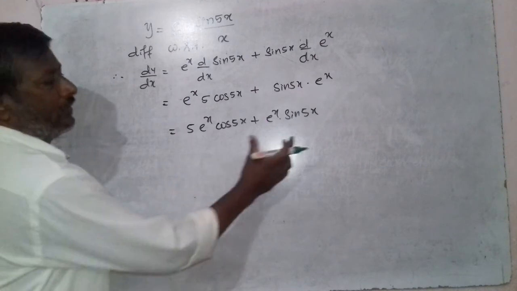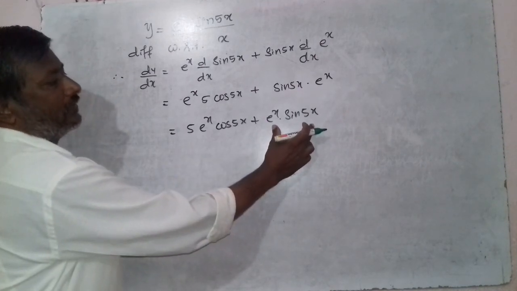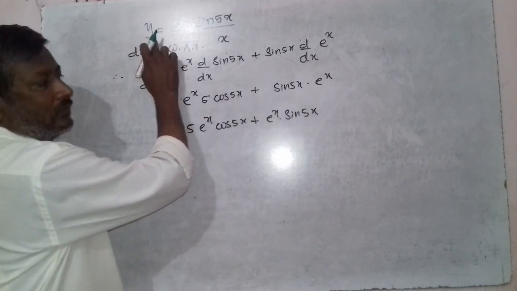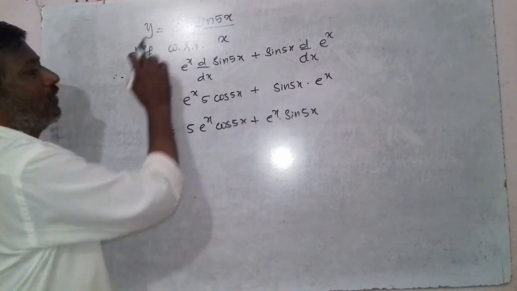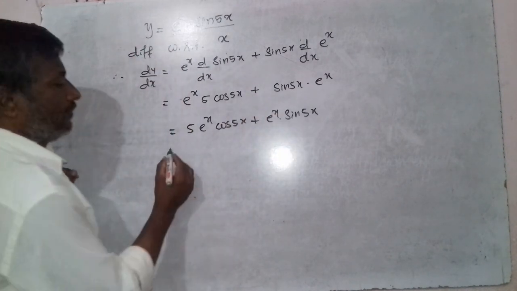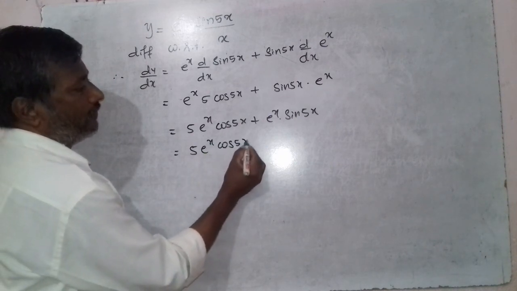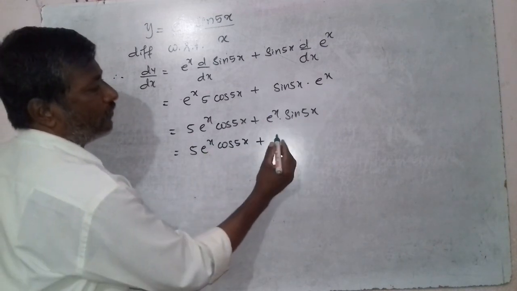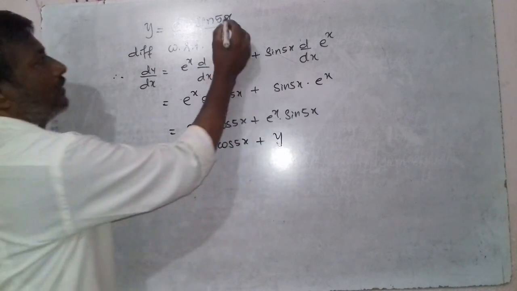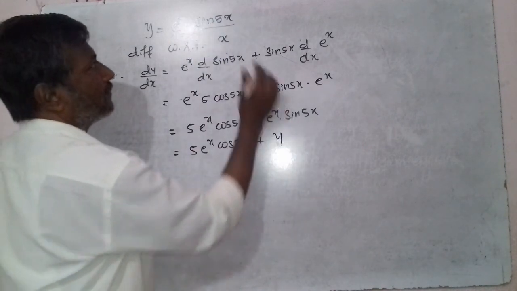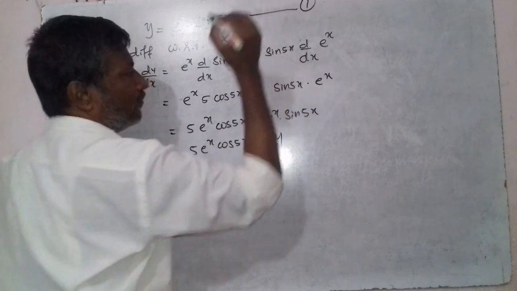So in this case we can write this as y. Therefore this equals 5 e raised to x cos 5x plus y, because e raised to x sin 5x is equal to y, because this is 1.